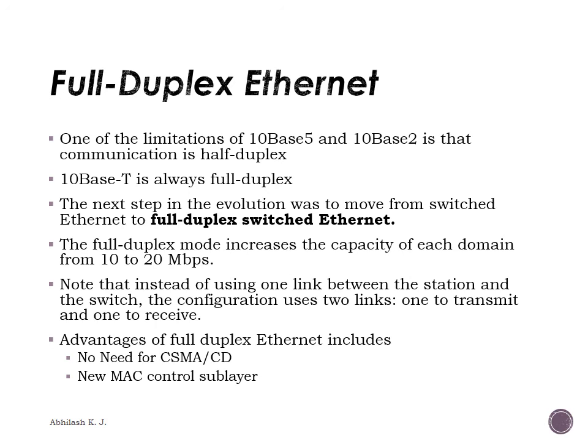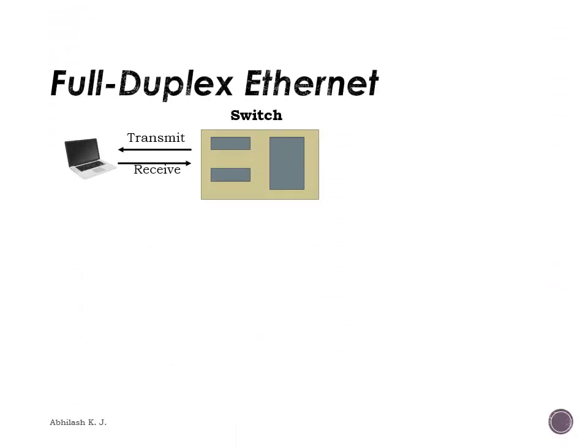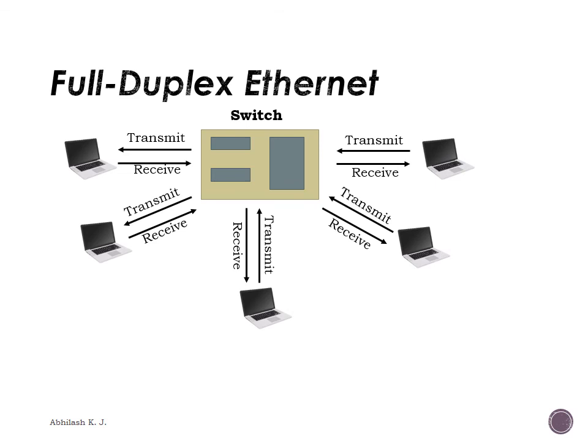To provide flow control and error control in full duplex switched Ethernet, a new sublayer, the MAC control sublayer, is added between the logical link control sublayer and the MAC sublayer. The implementation could be shown like this. Each individual station is connected to the switch with a 10BASE-T implementation, one cable for transmission and one cable for receiving. Thus, it will support full duplex operation.